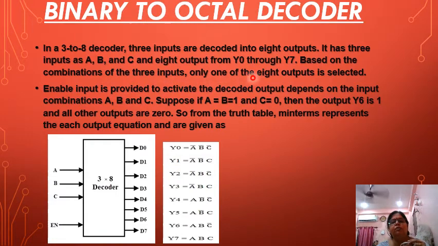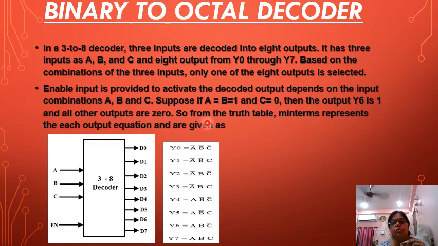Only one of the 8 outputs is selected. Each input combination A, B and C activates a decoded output. Suppose A is equal to B is equal to 1 and C is 0, then output Y6 is 1 and the other outputs are 0. You can go through the truth table and you will know.